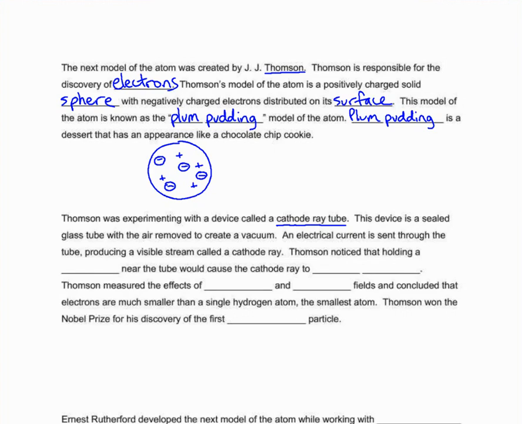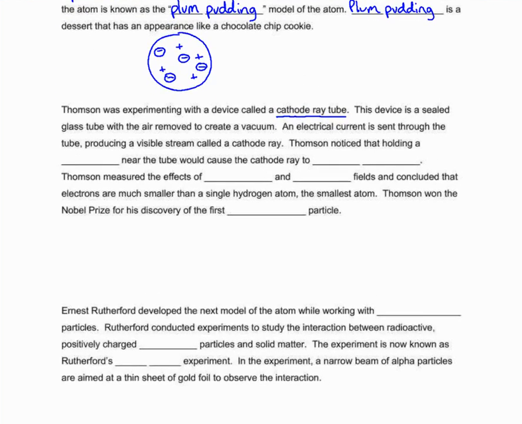A description here: this device is a sealed glass tube with the air removed to create a vacuum. Think about maybe a light bulb where they pull all the air out of it, maybe something similar. An electrical current is sent through the tube, producing a visible stream called a cathode ray.